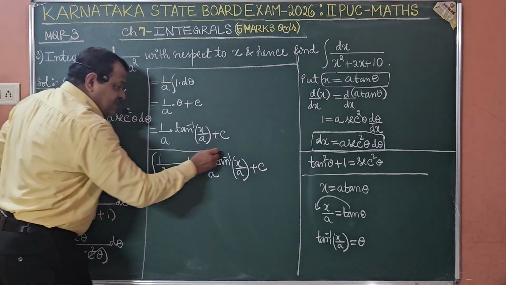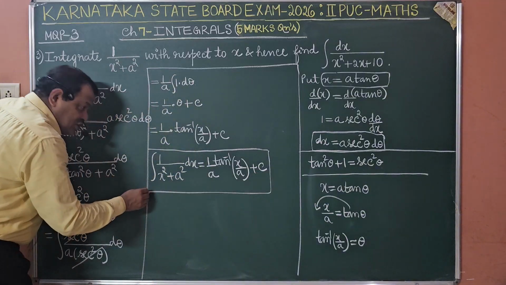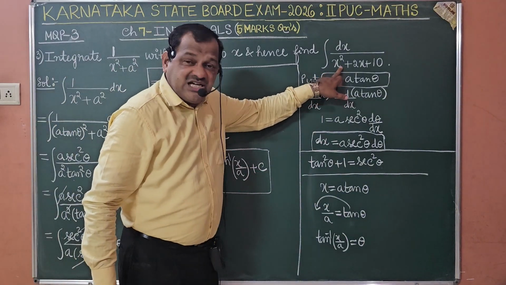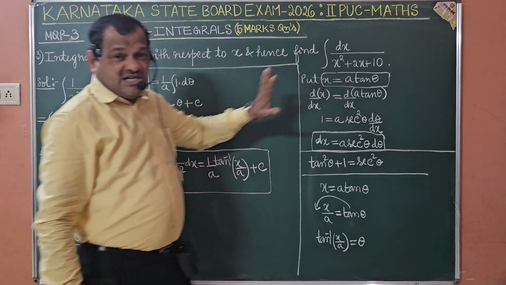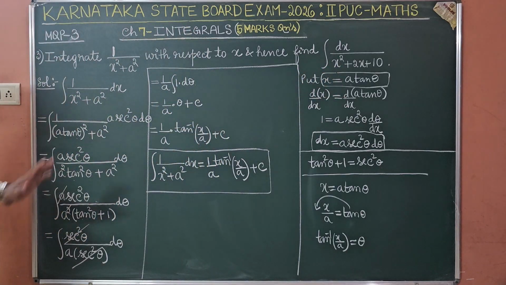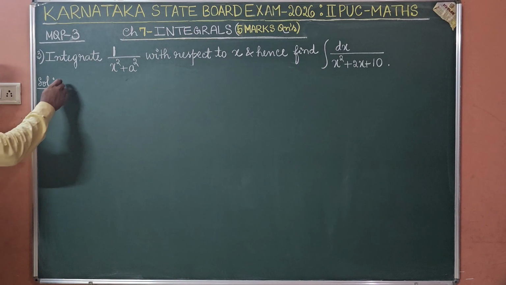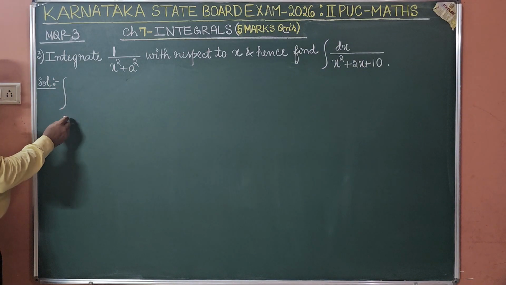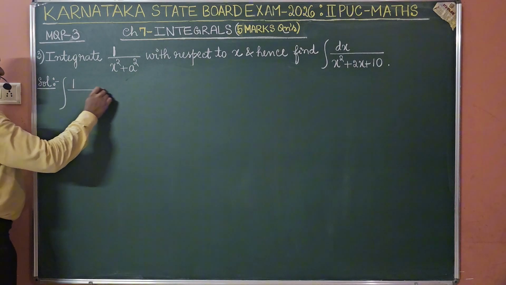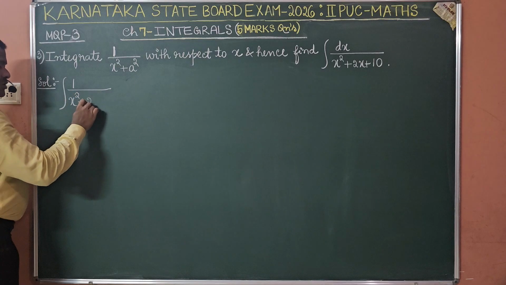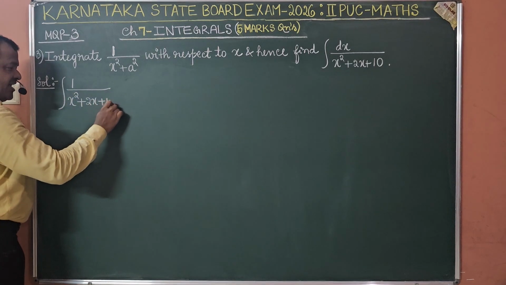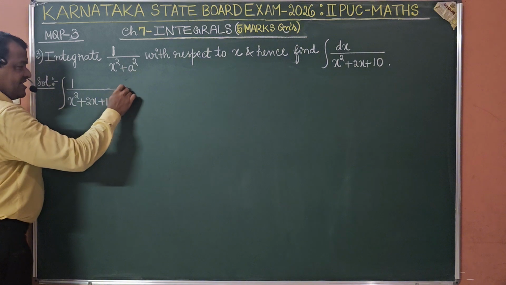Now using this formula, I should evaluate this integral 1 by x square plus 2x plus 10 dx, which I will start now. Now I will start evaluating the integral given, 1 by x square plus 2x plus 10 dx.